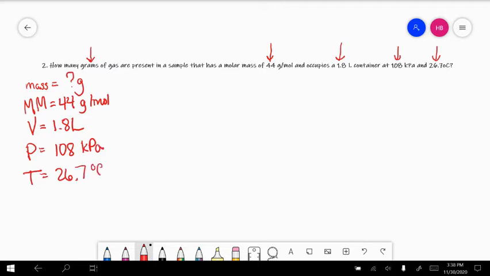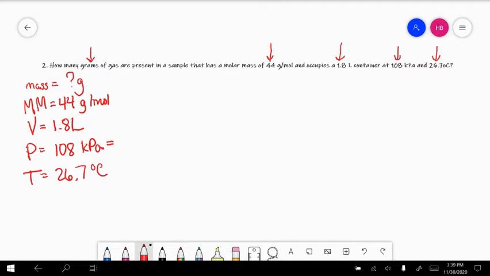Let's remember that we have to change kilopascals to atmospheres, remembering that there's 101.3 kilopascals in one atmosphere.